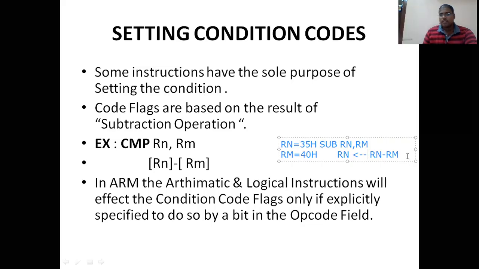As per our values, if you take Rn equal to 35H and Rm is 40H, then we are going to get 35 minus 40. Actually, it should be minus 5, but as it is hexadecimal, 40H in decimal is 16 fours are 64.